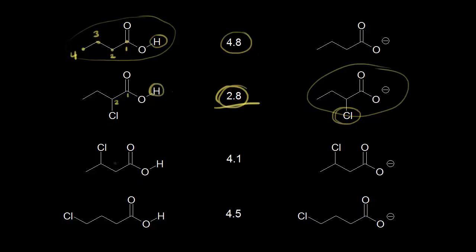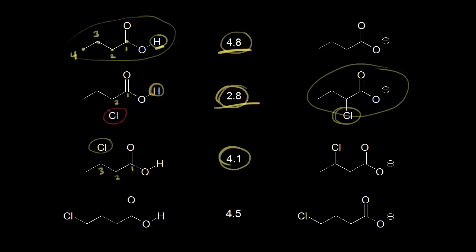Now, if we move the chlorine to the third position, this is carbon 1, this is carbon 2, this is carbon 3. So now the chlorine's on the third position. So this is 3-chlorobutanoic acid. The pKa value is still lower than 4.8, right? 4.8 was the original pKa value for this proton. Now it's 4.1, but notice it's not as low as it was in the previous example.